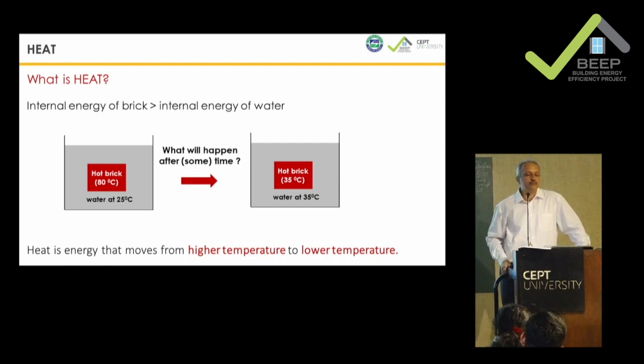You will open the window, air will flow in, and the temperature inside, whatever was there, will try to get closer to 28 degrees, right? Because the air outside is flowing inside.